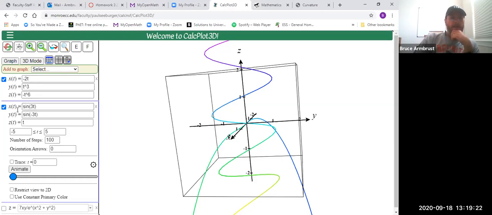For the second one, I'm going to ignore the first two, because sine is going to be 0 lots of different times. It's going to happen when what's inside the sine is 0, pi, 2 pi, 3 pi, 4 pi, 5 pi, and so on. But if you look at the z component, the only way that that equals 0 is when t equals 0.